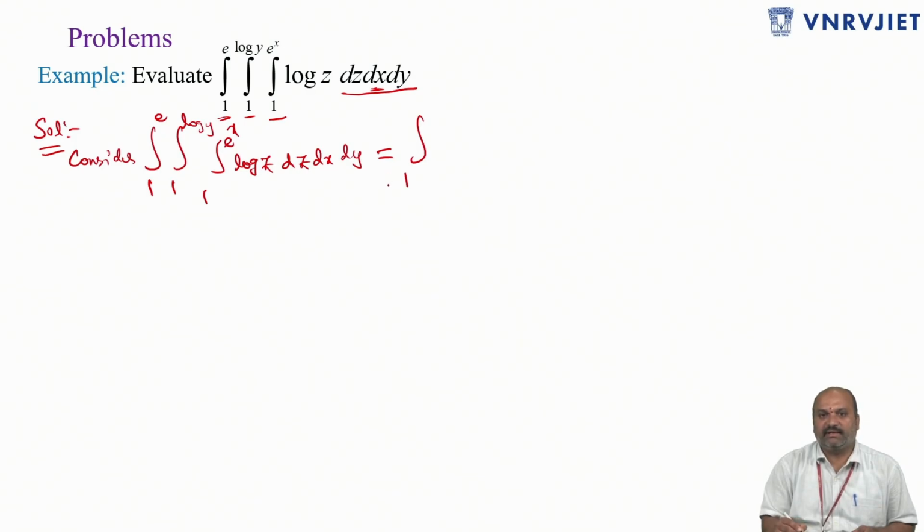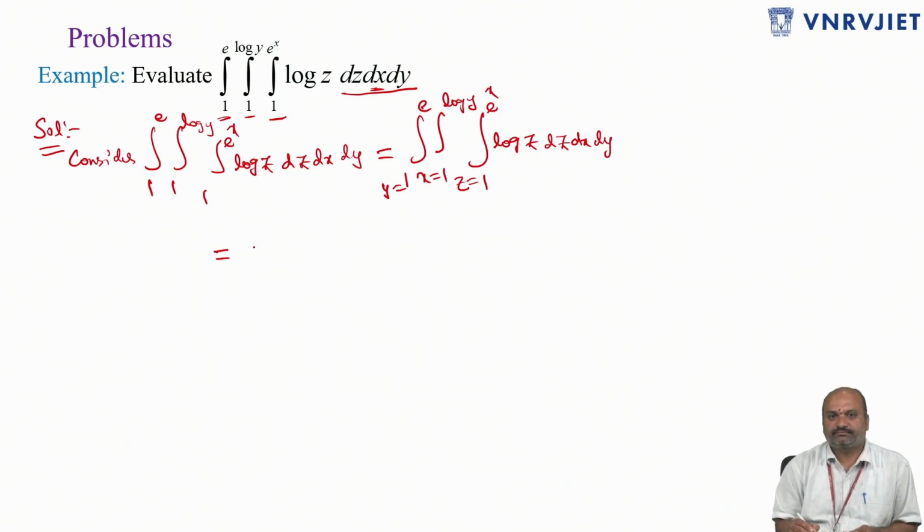So y varies from 1 to e, x varies from 1 to log y, and z varies from 1 to e to the power of x, of log z, dz, dx, and dy.